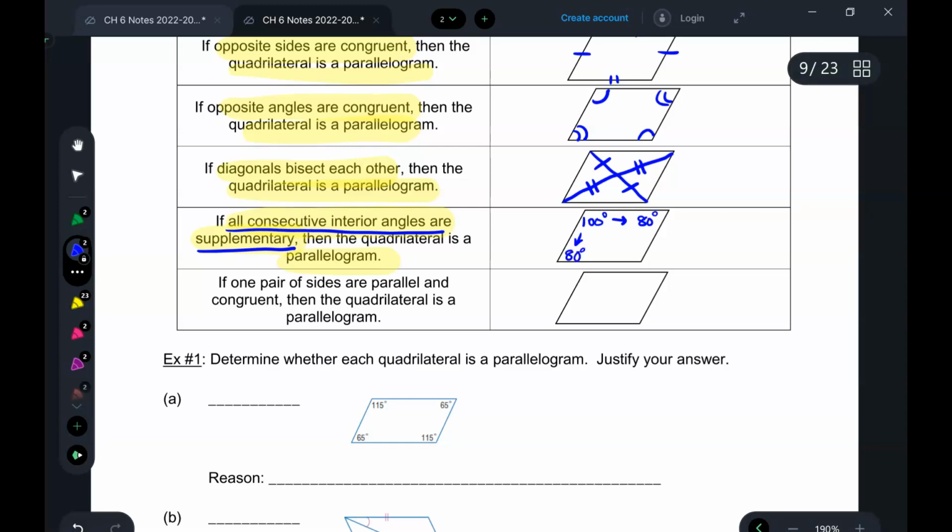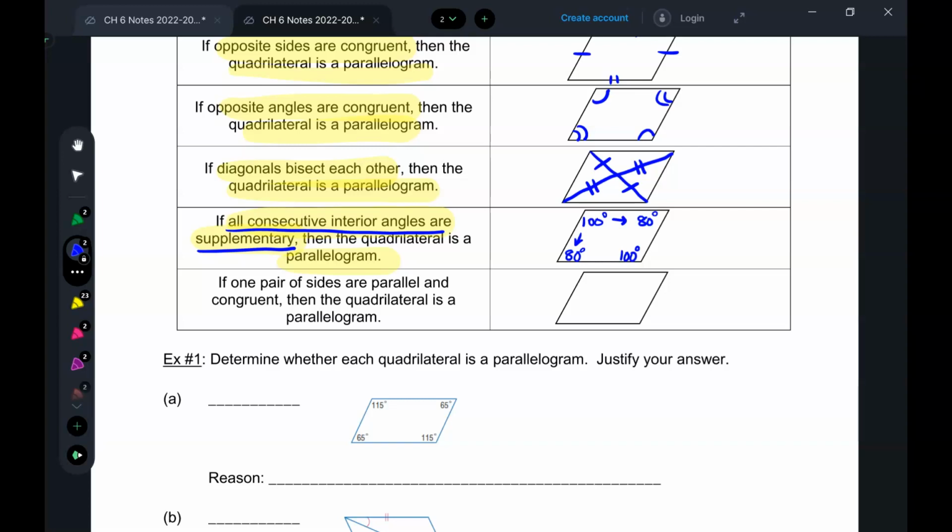And this would have to be 80. Which then, what does that make that fourth angle? Has to be 100. So we just need to make sure all the consecutive interior angles each add up to 180, no matter what they are. Then we write all consecutive angles. Yep, all consecutive interior angles are supplementary.